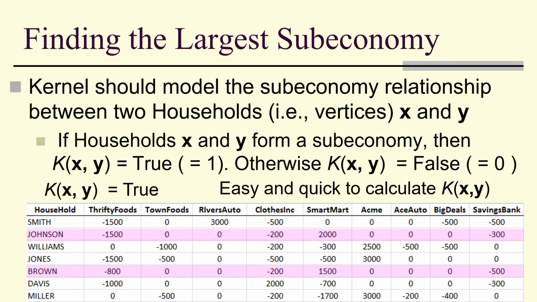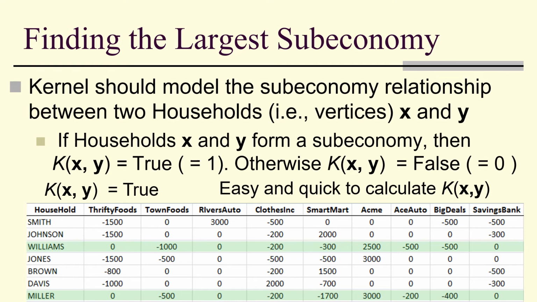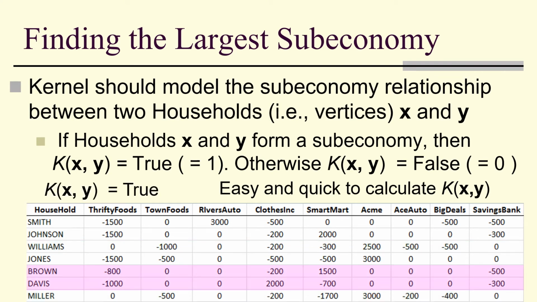It's easy to see that their zeros are in common, and easy to see that Smith and Johnson, for instance, just look at Rivers Auto, do not form a subeconomy, this pair. Williams and Miller, on the other hand, do form a subeconomy. Brown and Davis form a subeconomy.